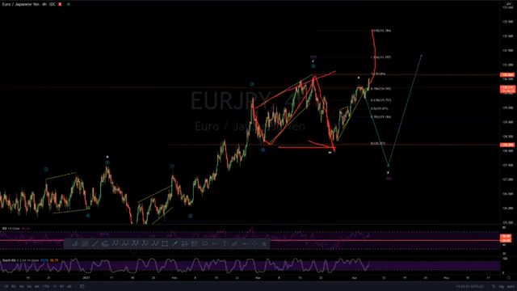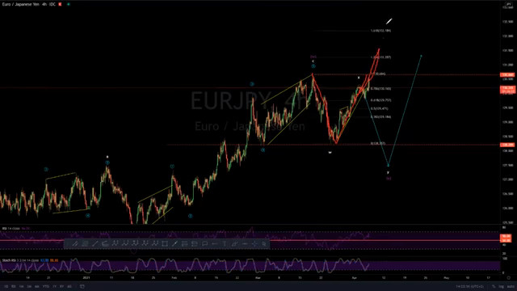Because if it's going to be an expanding failed corrective structure, let's say it plays out this year, it can be anything between 105 and 138.2. So it can still climb and come around here and be an expanding failed corrective structure.